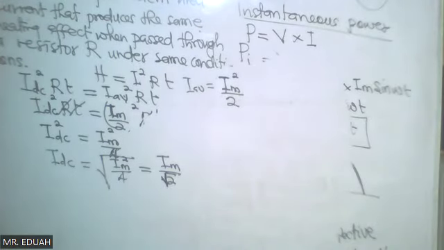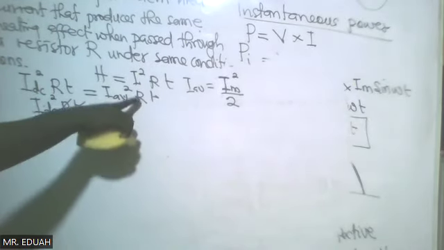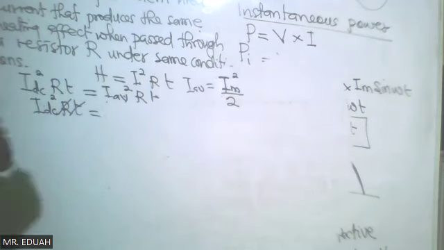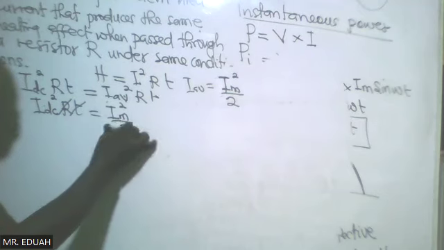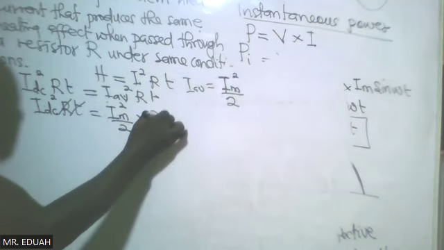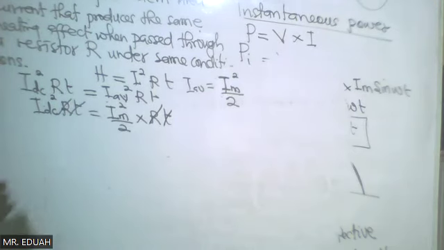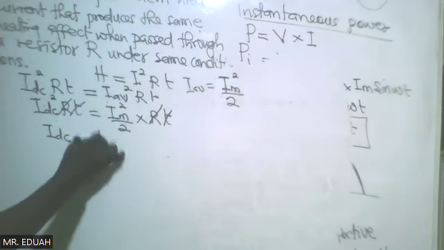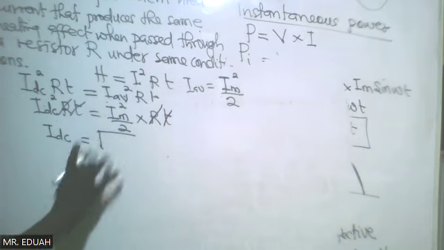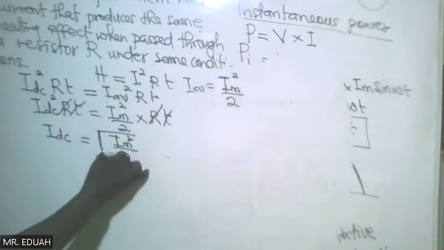So if we multiply through the average current by this, we have I_M squared over 2 times RT. Then R and R cancel out. So when you take the square root at both sides, you have the root of I_M squared over 2.